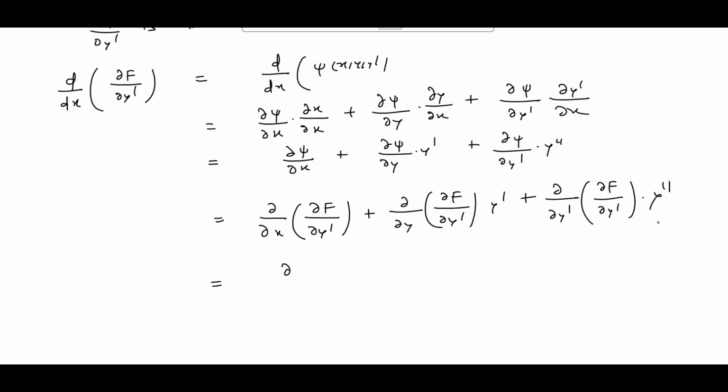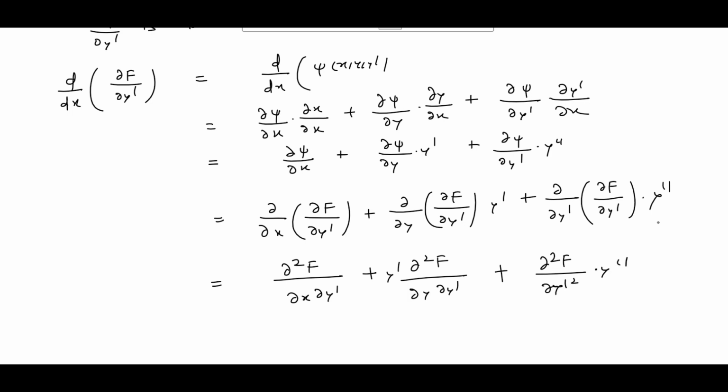So it will become del square f over del x del y dash plus del square f over del y dash multiply to y dash plus del square f over del y dash square and multiply to y double dash. That is equation number 2.